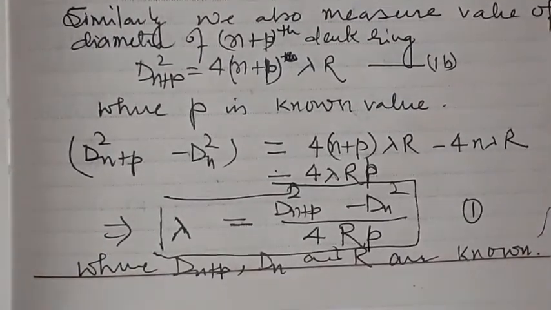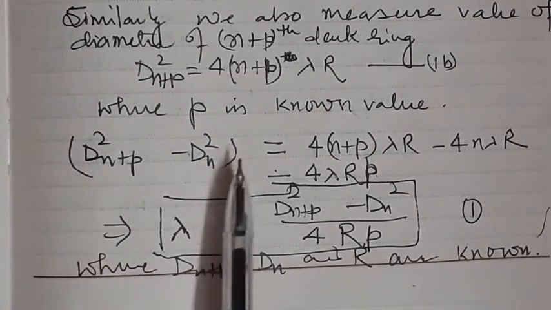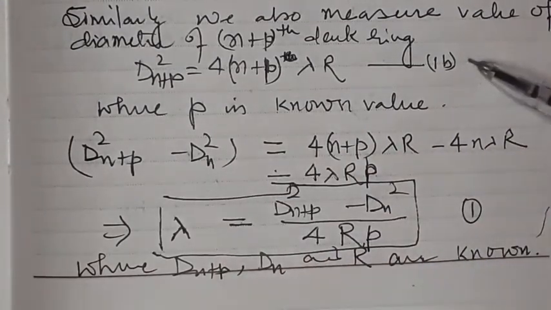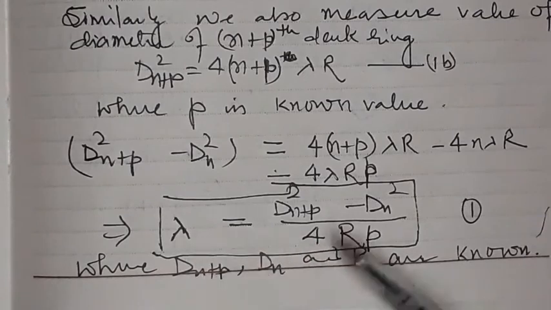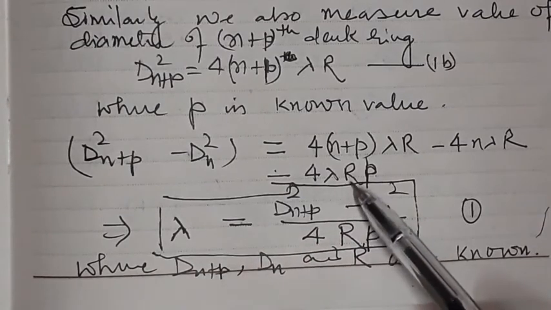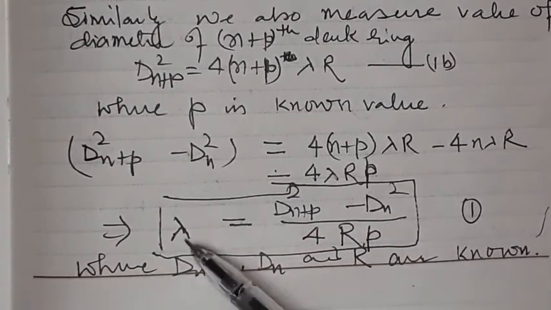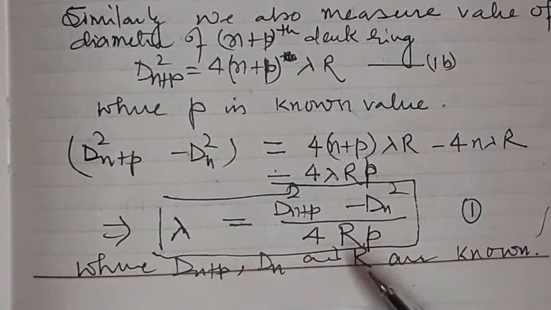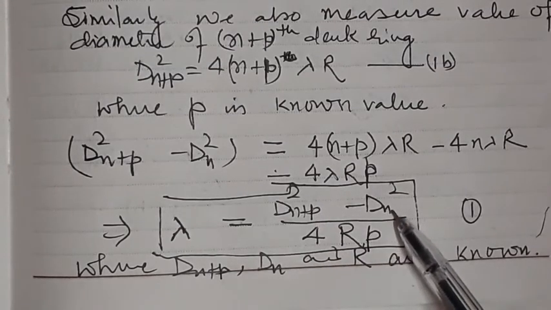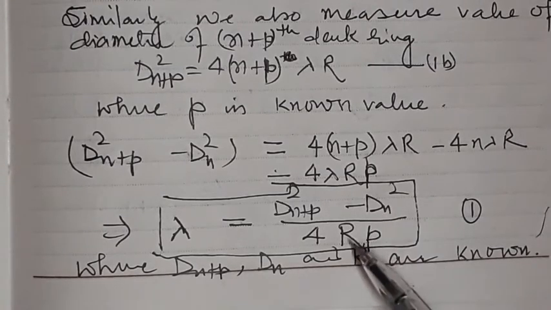where D(n+p) and Dn are computed through the microscope. Once again, you see the difference between equation 1b and 1a. It will give you 4 lambda R p, and lambda is computed because D(n+p) is known and Dn is known, computed through the microscope, and capital R is computed through the spherometer.